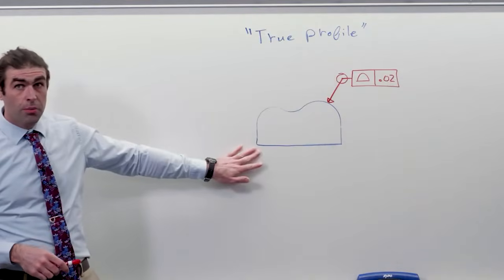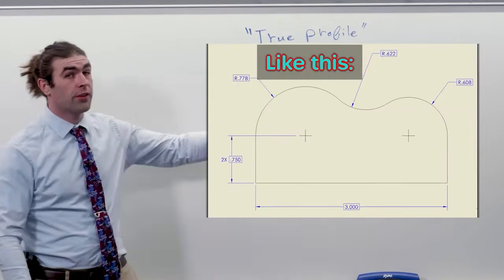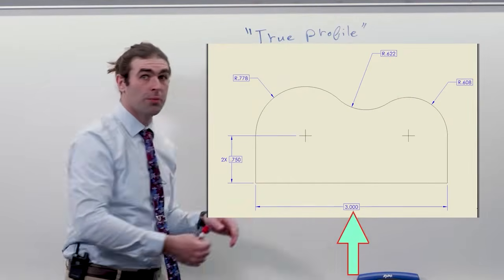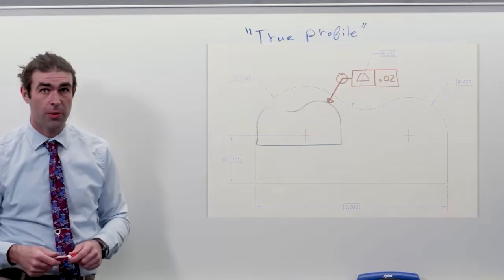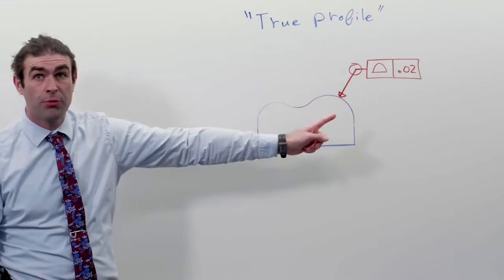So imagine this part is defined with basic dimensions. Each of these humps would have a radius on it, which would be basic. You'd probably have the width basic and the height basic. However it got dimensioned doesn't really matter for our purposes. The true profile is located by those basic dimensions.